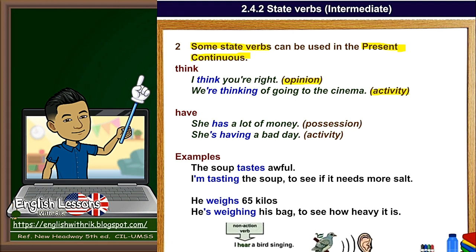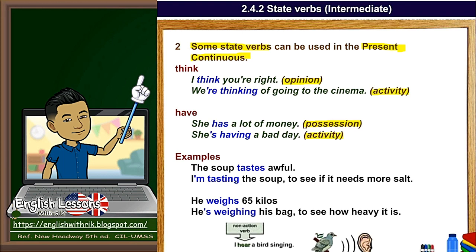Have. She has a lot of money expresses the state of possession, so we use the present simple. She's having a bad day expresses an activity, so we use the present continuous.